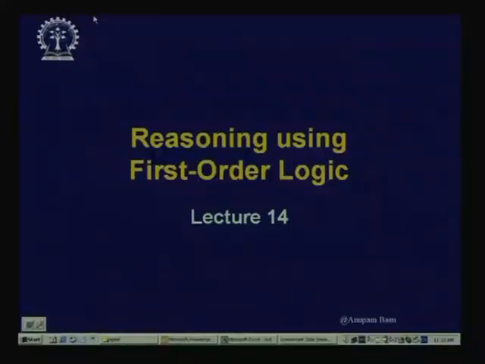In the last lecture, we had introduced first order logic, which is also known as predicate logic, to express the different domain specific knowledge that we require in order to build an intelligent system.